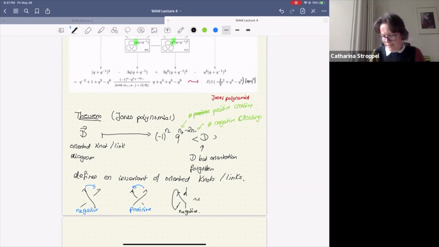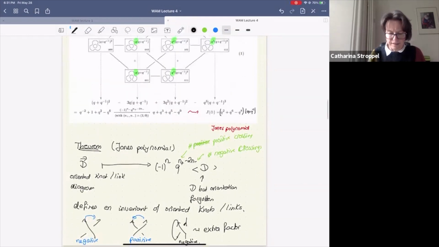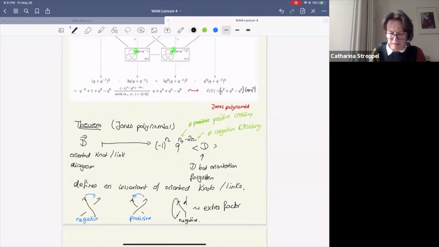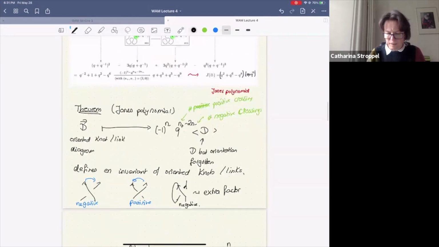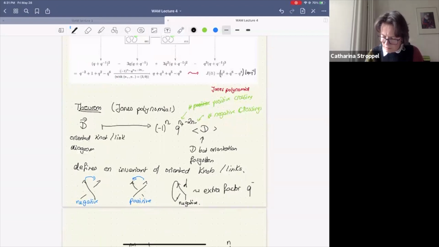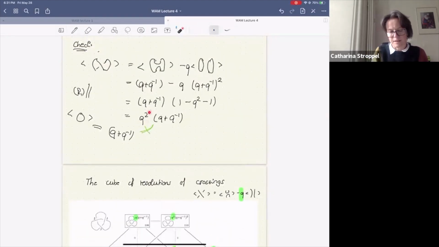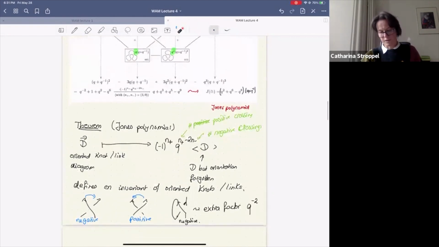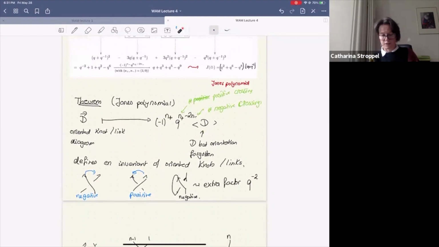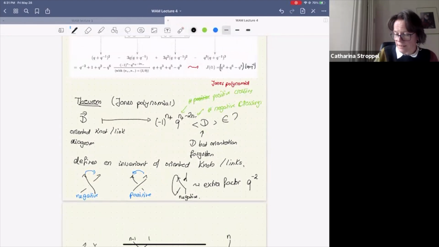And so what I get is an extra factor. What is the extra factor? The extra factor is a q to the -2. And if I check what happens upstairs, it's exactly the thing which went wrong before. So with this fix, I get an invariant of knots. And this Laurent polynomial, inside Z[q, q inverse], is called the Jones polynomial.